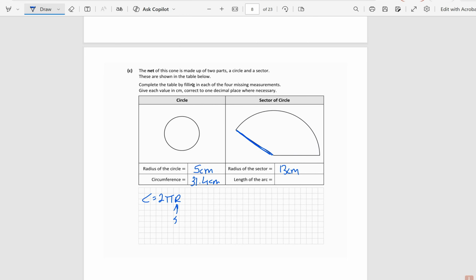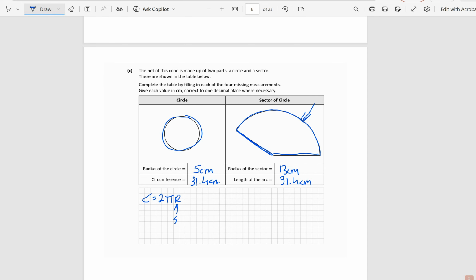And then the length of the arc, which is this here. Remember the length of the arc, if you can picture that cone, if we just fold it around, this arc here is actually the same as the circumference of the circle. So again, that's 31.4 centimeters.